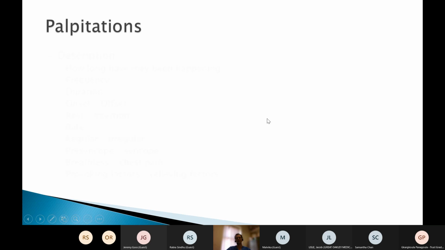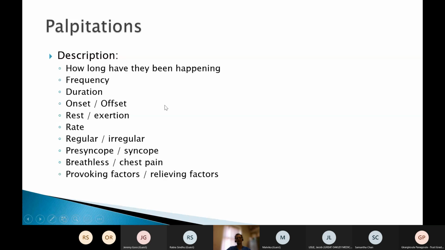The other sorts of questions I want you to be asking are things like the onset and offset of the palpitations. Things like how long do the individual palpitations last for? So if a patient is having ventricular or atrial ectopy, they tend to describe that they'll be sitting quietly watching TV and their heart suddenly does a somersault in their chest, or they're sitting quietly watching TV and suddenly their heart stops.